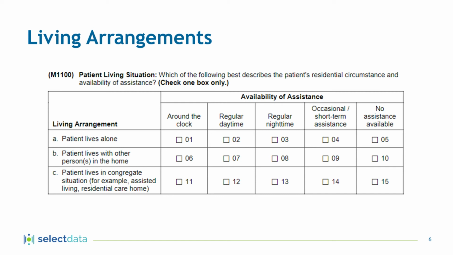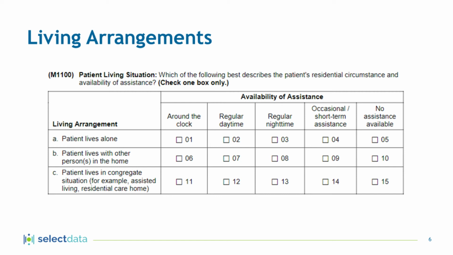For example, if the patient lives with a spouse, family member, or another significant other in an independent, non-assisted setting. A patient who normally lives with others but is occasionally alone because caregivers are traveling out of town would still be considered living with others.